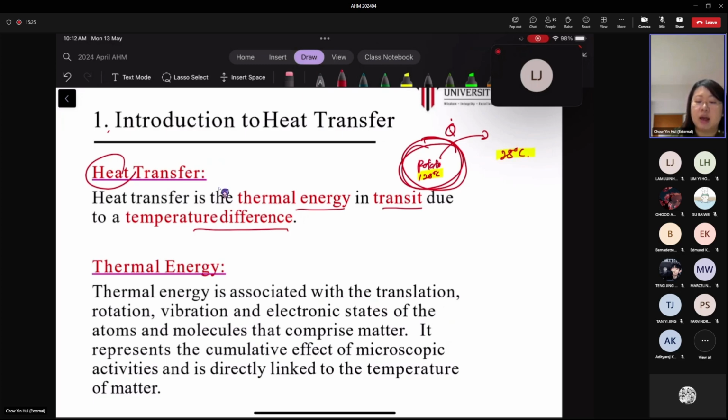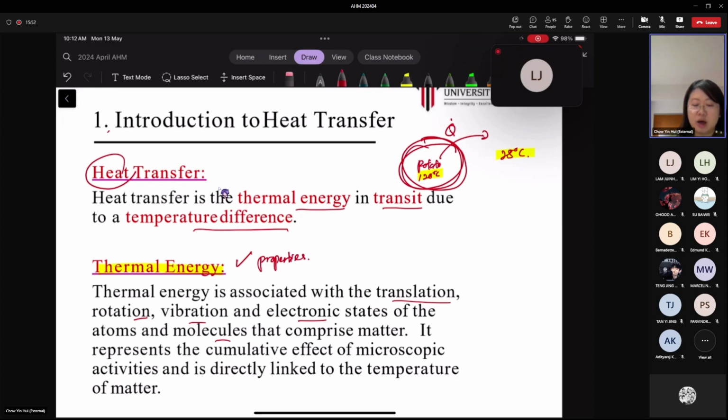What is being transferred is actually the thermal energy. The thermal energy is possessed by the system, but heat cannot be possessed by the system. Heat transfer is not a form of property, but thermal energy is a form of property. It's associated with the translation, rotation, vibration, and electronic states of the atoms and molecules that comprise the matter.